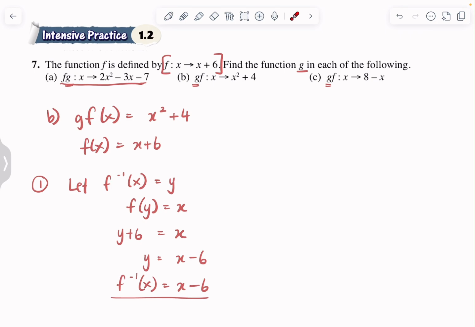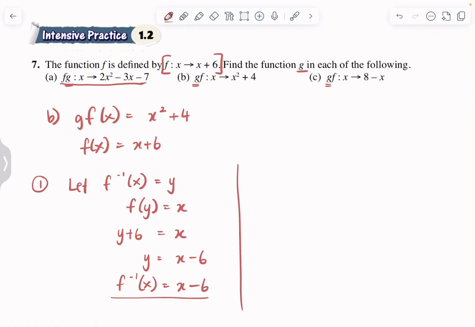So by doing this step, first you define f inverse(x) as y, and then you bring the f over here because we have the function f(y). If you have f(x), you can find f(y). And then you sub the y into the function, and then we make y the subject because y is the inverse function. So you get your f inverse(x).